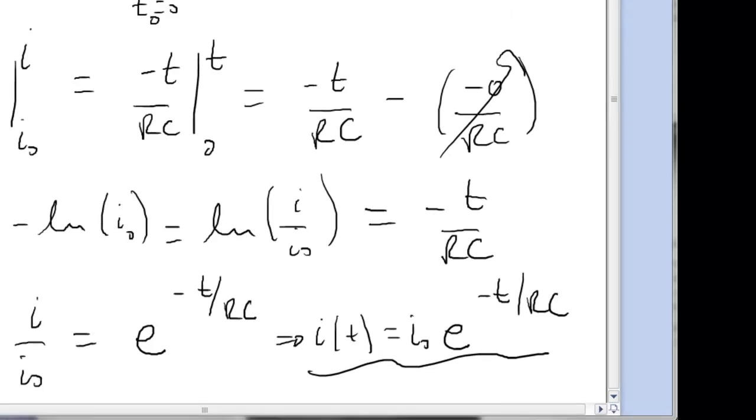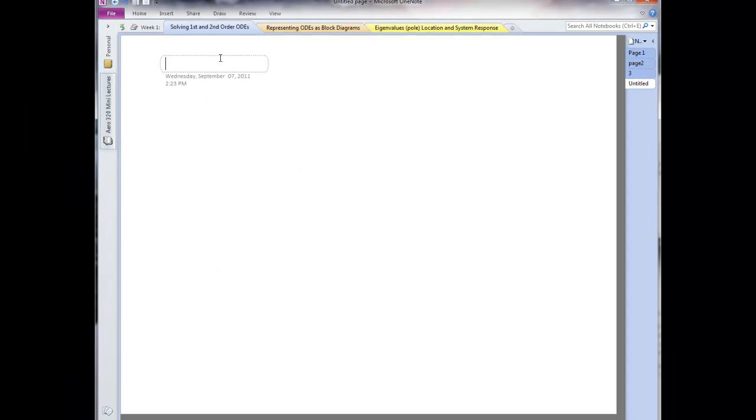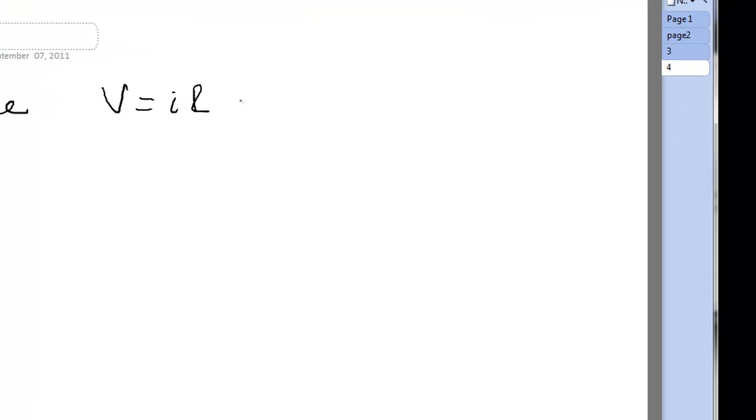We'll go ahead and create a new page. So we're on page 4. You can also write down, just in case we wanted to see this, that the voltage, right, is just I times R. Well, we just solved for the current.